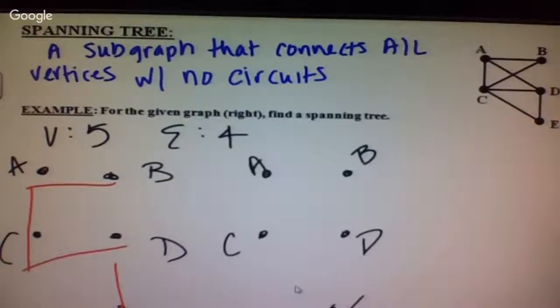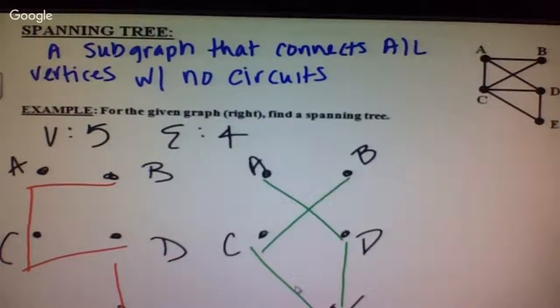E to C. D to C. B to E. D to E. Can you do E to C? Yes. All right, this is what I got. Can you do C to B and D to A?